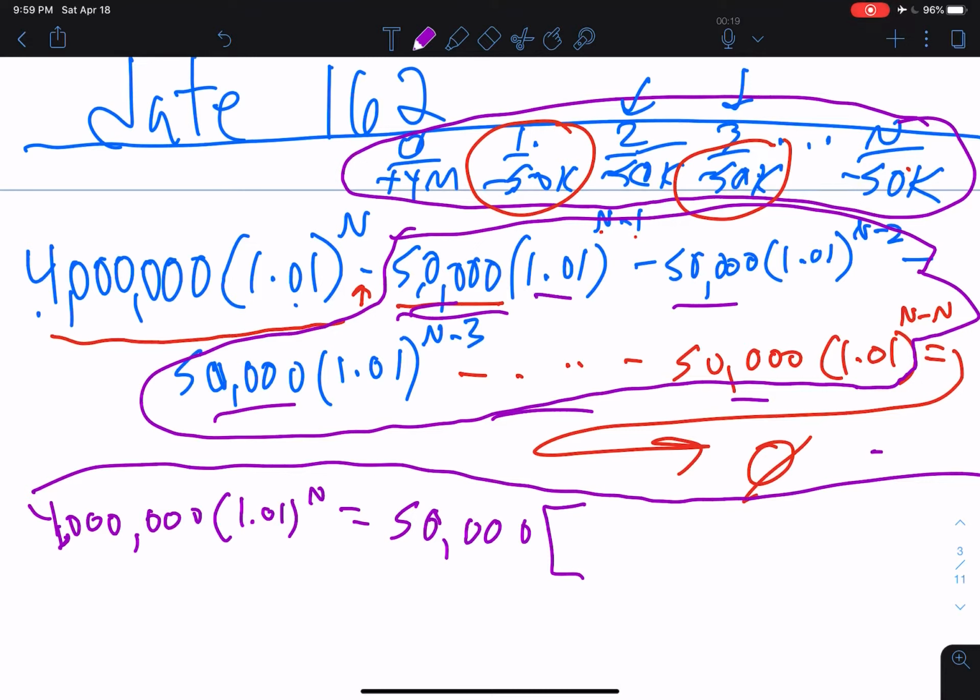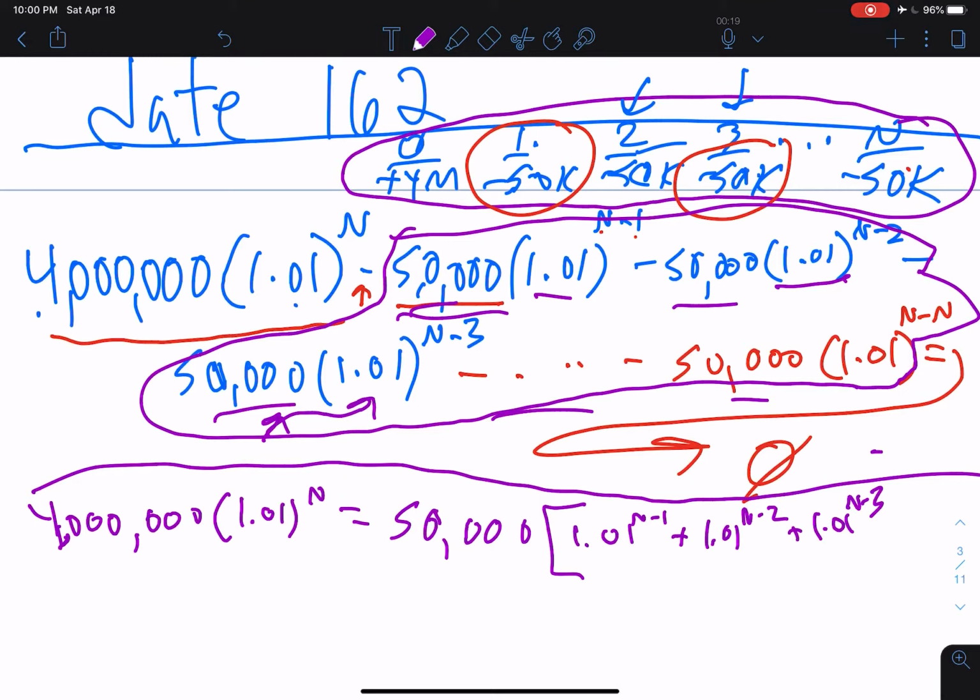And here we have 1.01 to the n minus 1, and here we have 1.01 to the n minus 2. And of course, I'm adding these now because we're on the other side of the equal sign. And then here we have, plus 1.01 to the n minus 3.